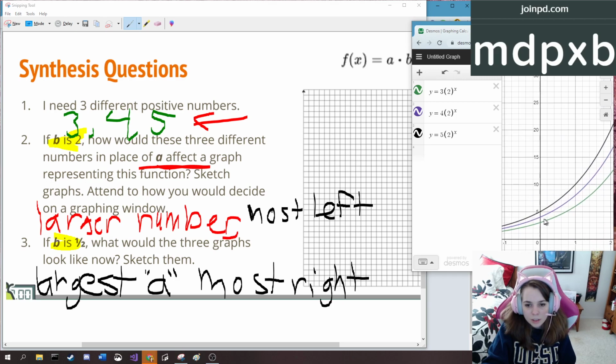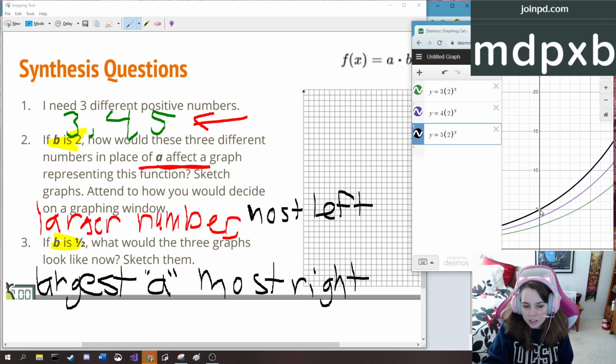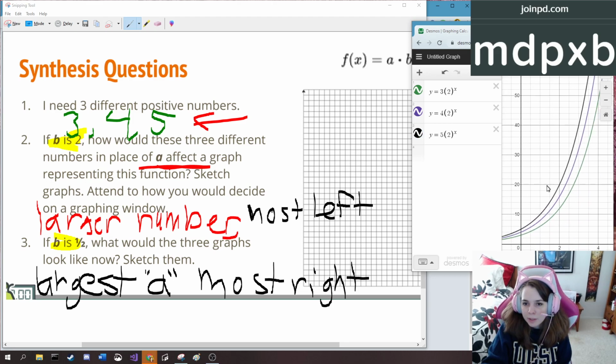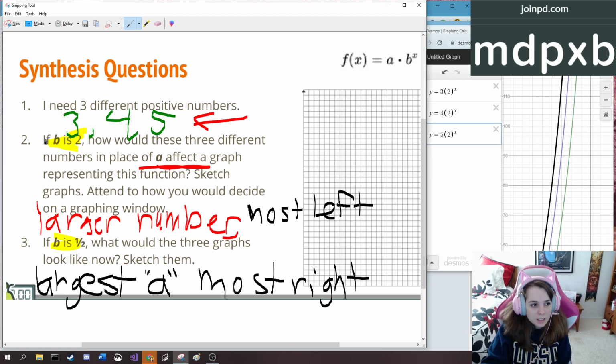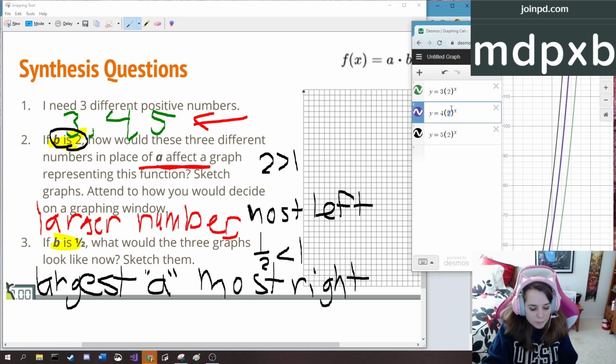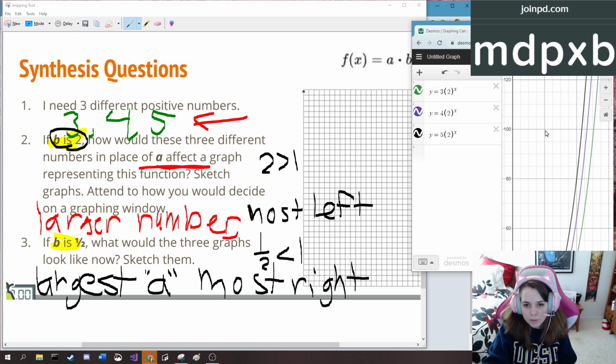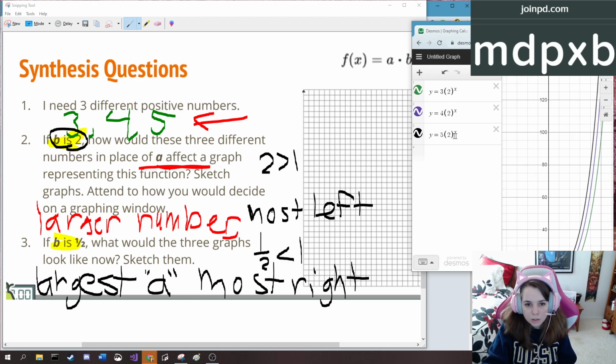So the largest number is always going to be the highest. However, if we're talking about a rate of change that is greater than 1, it's going to be most left, because 2 is greater than 1. But when we're talking about 1/2, which is less than 1, this black line here, you're going to see it move and be the one that's most to the right.